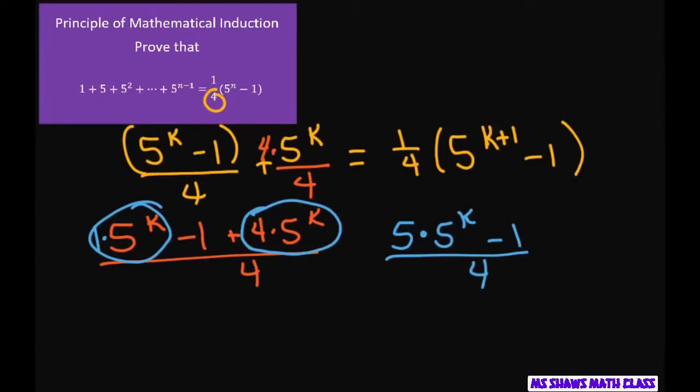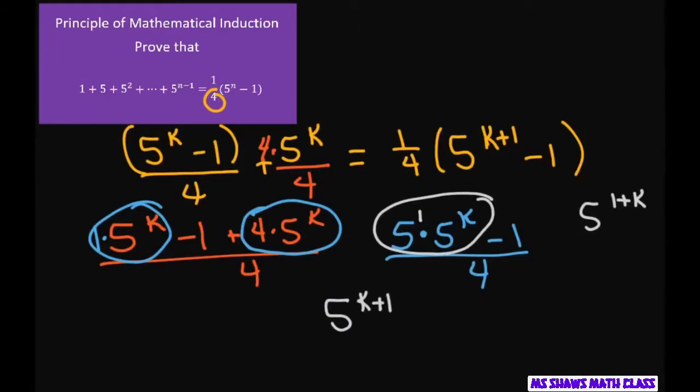Well, using your properties of exponents, this right here equals 5 to the 1 plus k. You can switch that around. 5 to the k plus 1 minus 1 divided by 4, which is the same as saying 1/4 times 5 to the k plus 1 minus 1.